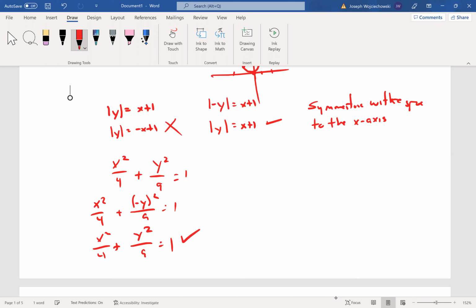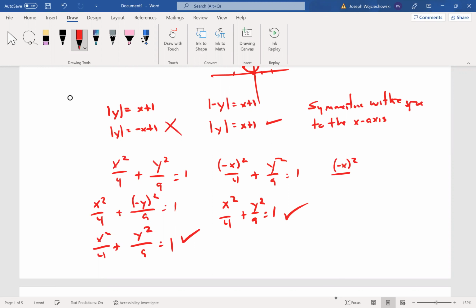So we have symmetric to the x-axis. So let's test the y-axis. Replace x with negative x and square it: x squared over 4 plus y squared over 9 equals 1, which is the same. So we have symmetry to the y-axis.